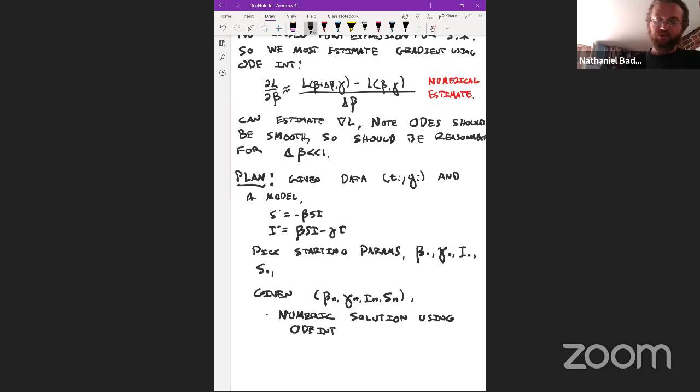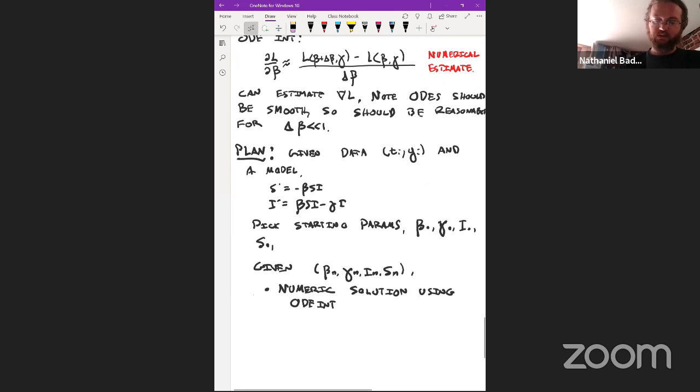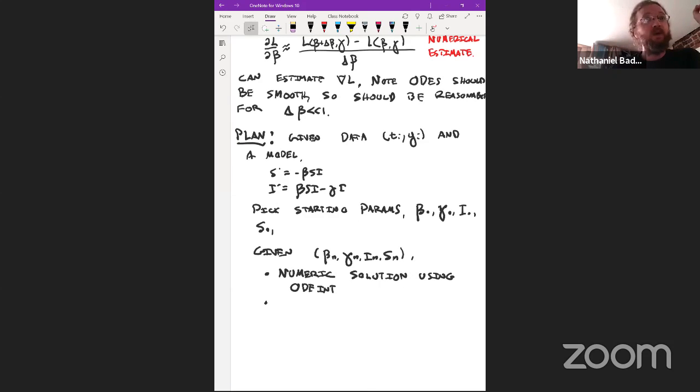So get a numerical solution using ODE-int. And then we're going to use that numerical solution to compute the loss function.